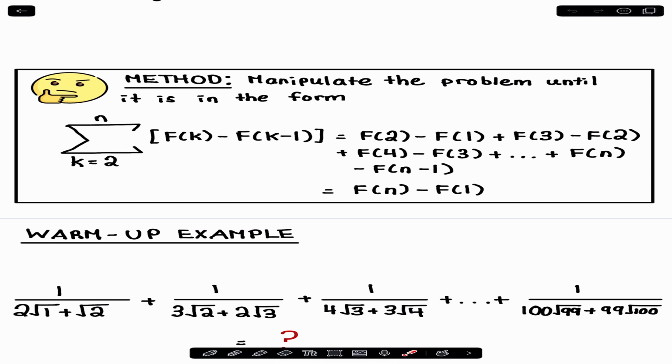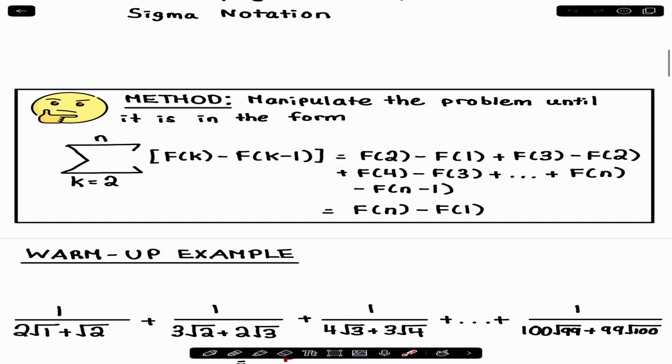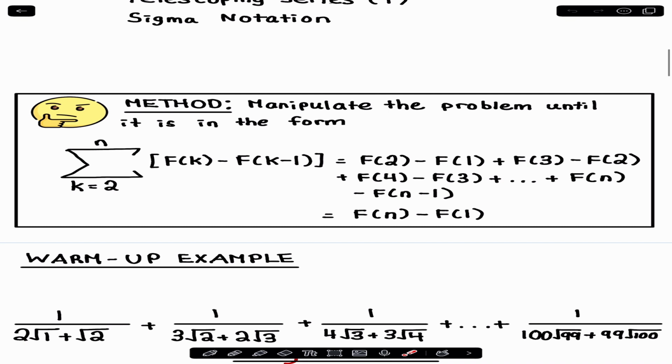And basically everything in the middle will cancel until we get just the last term, f of n, and the first term, minus f of 1. So basically this is just a more mathematical way of saying that we need to cancel everything in the middle, which we already saw in telescoping part 1. So it's the same thing, just written a bit more fancy, I guess.